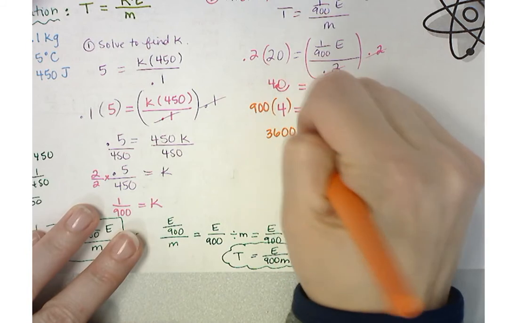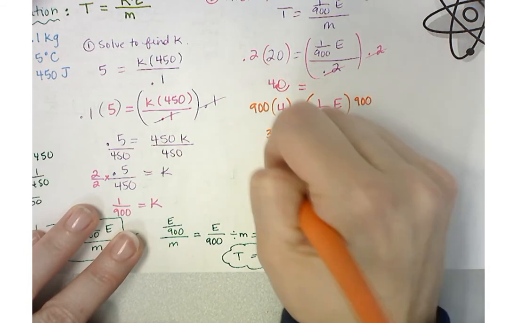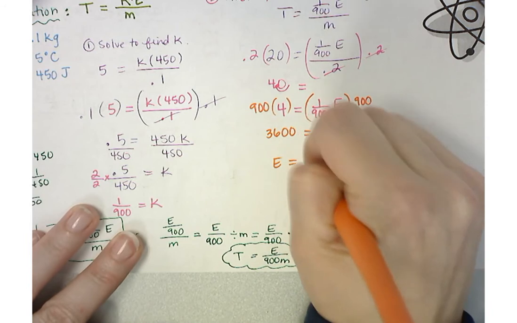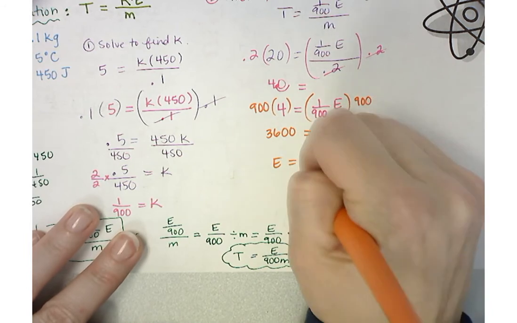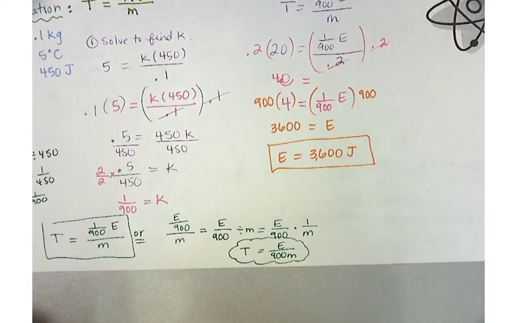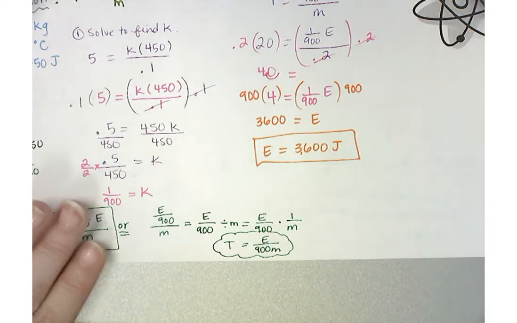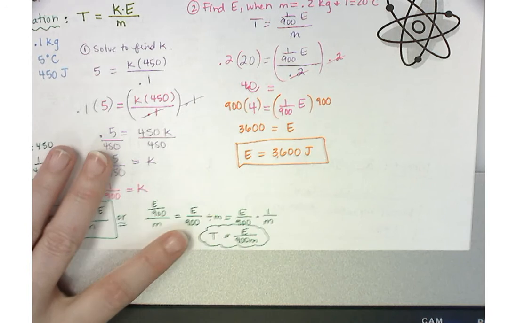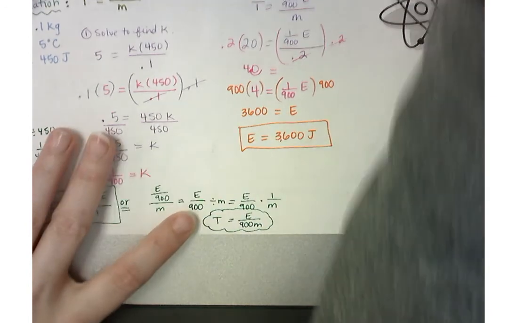And again, you'd end up doing 900 times 0.2 times 20, which is 4 times 900, or 3,600. Okay, so either one of those you could do.